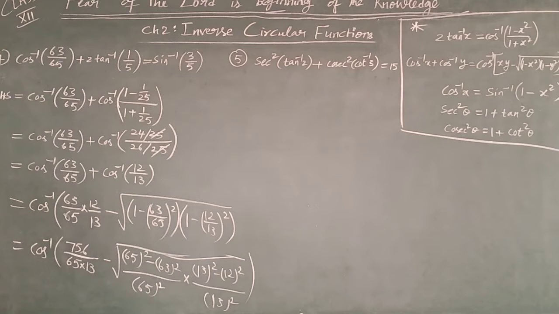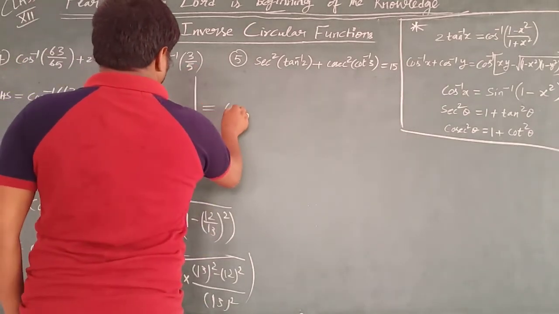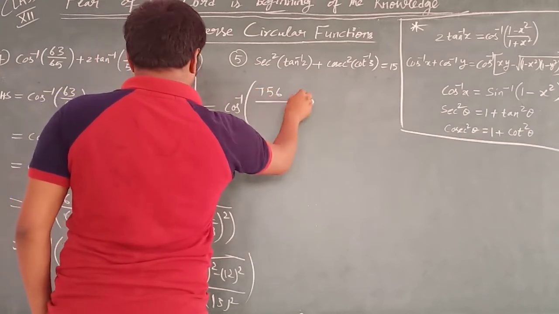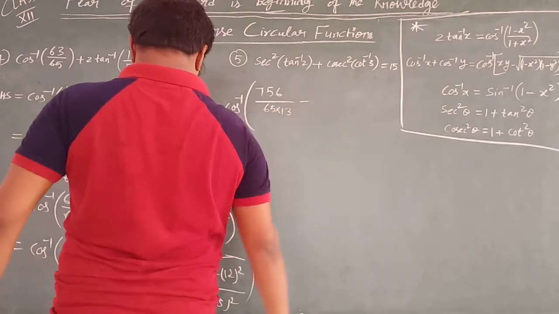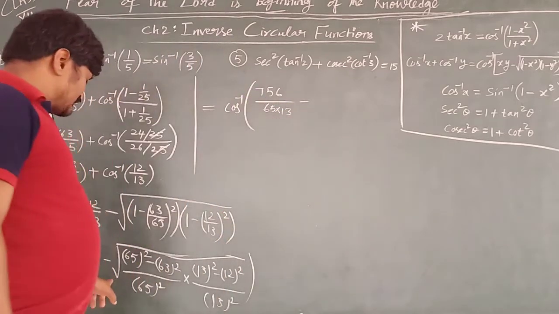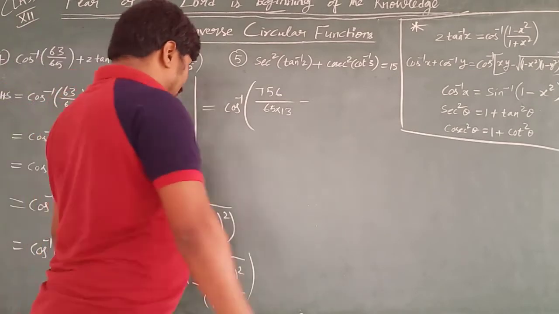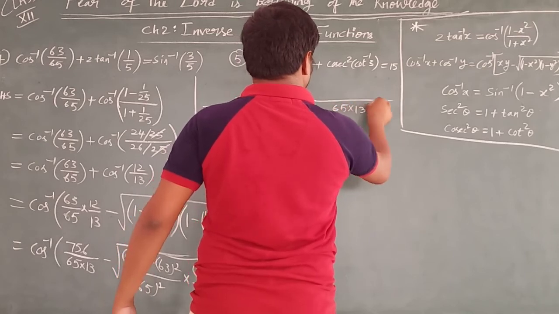So here 65 into 65, 4225. So you can write this as cos inverse 756 upon 65 into 13 minus, anyway here square and square get cancelled, we get again 65 upon 13, so write upon 65 into 13.